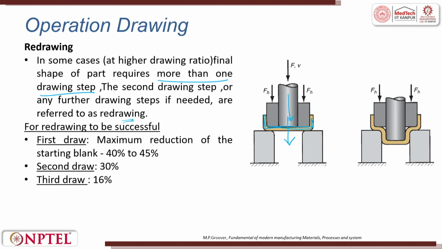The maximum you can draw in one step is 40 to 45% only. In the second drawing you can go 30%, in the third drawing you can go 16%. Why does the percentage of drawing go down? Because more and more strain hardening happens.